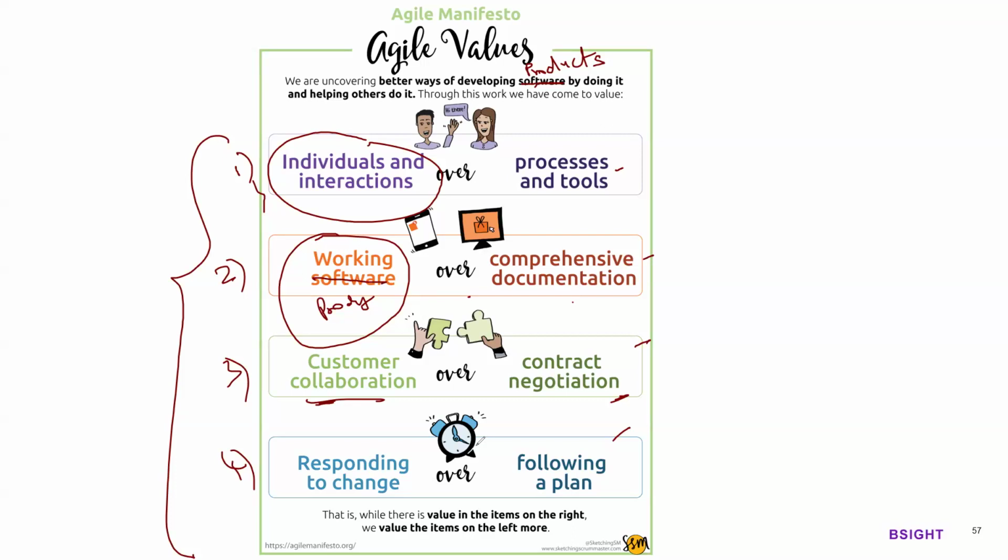So what is valuable in an Agile project is individuals and interactions, working product, customer collaboration, and responding to change. This is a complete change from the predictive way of doing things. As I told you, these are all the major things you have to follow in predictive.